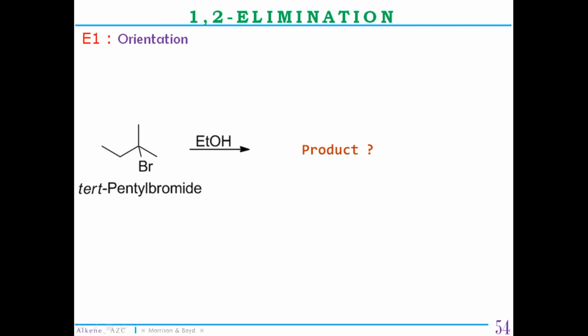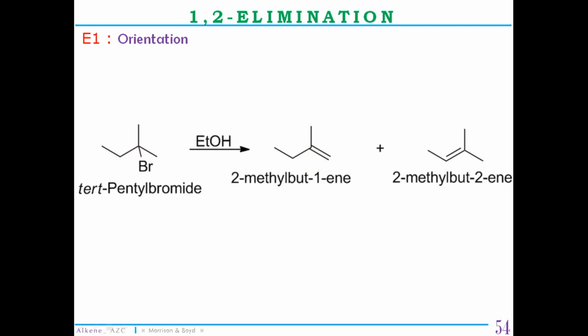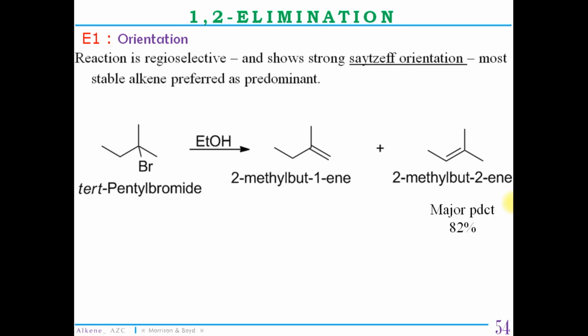Orientation of E1. When tert-pentyl bromide is reacted with ethanol, what will be the product? Here we are getting two structural isomers, 2-methyl-1-butene and 2-methyl-2-butene, where 2-methyl-2-butene forms as the major product.